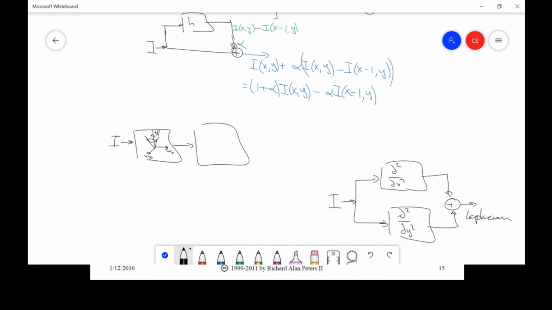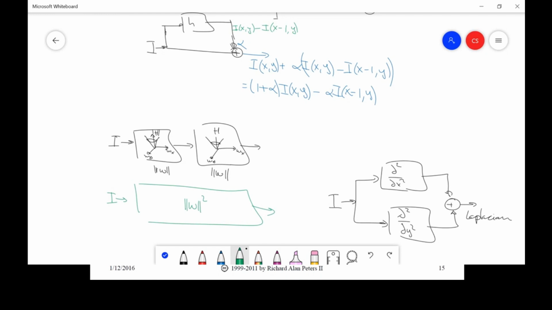And now you apply the same h, but now the multiplication of the two. So this is omega, this is omega. And now the multiplication of the two is the same as if your image goes through a single system whose impulse response is omega squared.